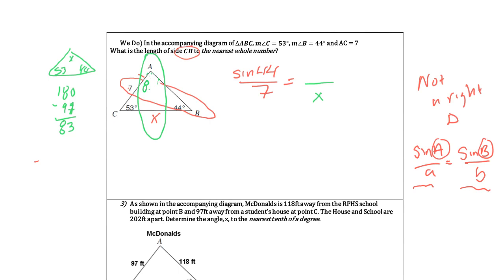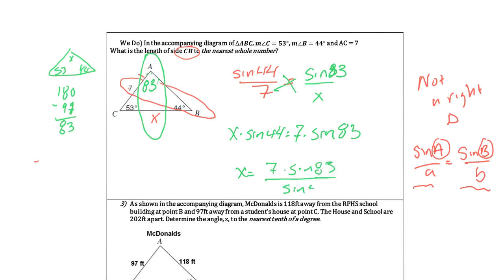So I'm going to do sine 83 over x. Now to solve, I just got to cross multiply. X times sine 44 equals 7 times sine 83. I want to get the x by itself, so I'm going to divide both sides by sine 44.